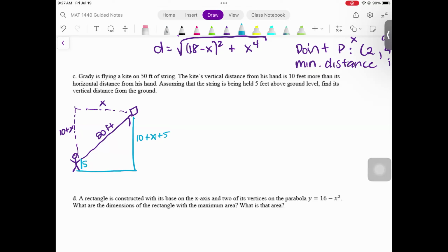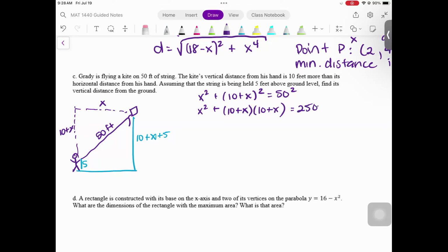To figure out x, we're going to go back to that right triangle and set up the Pythagorean theorem. We're going to end up with x squared plus (10 plus x) squared equals 50 squared. I'm going to write that binomial out twice because it helps me visualize the FOILing, and 50 squared is 2,500.